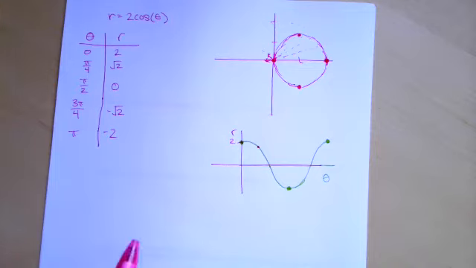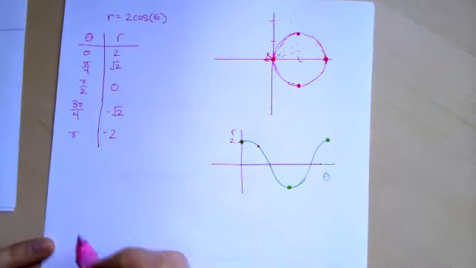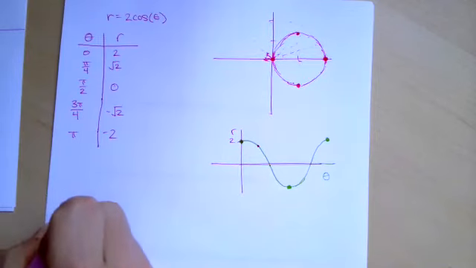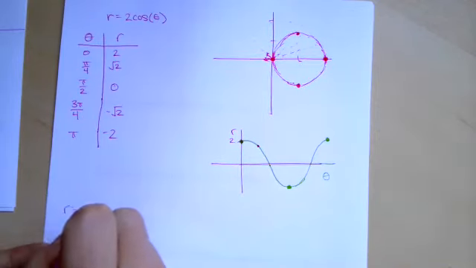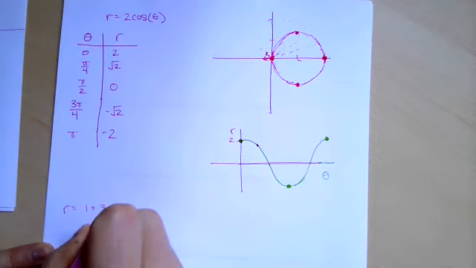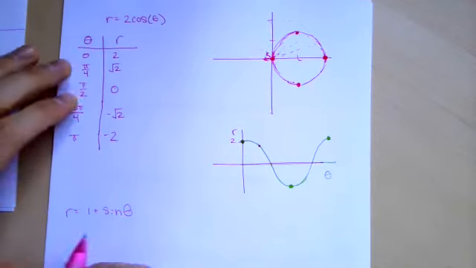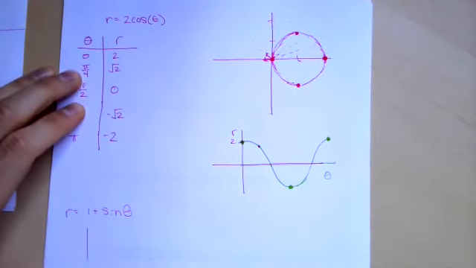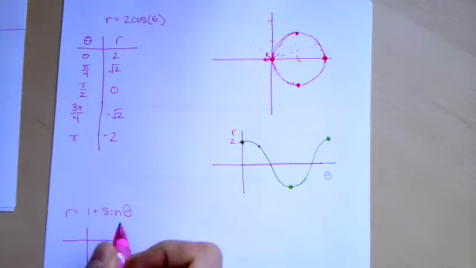Let's do one more. I think we've got time for it. Other things we like to draw: 1 plus sine of theta. I think this one's called a cardioid because it's going to look like a heart.